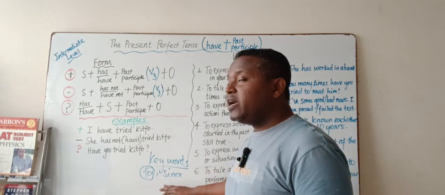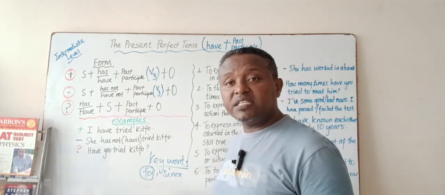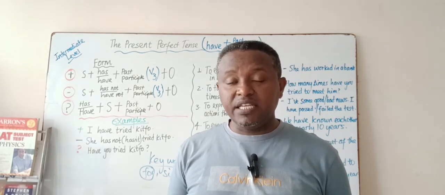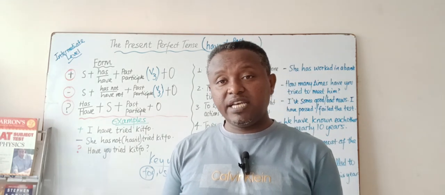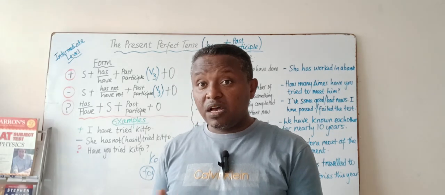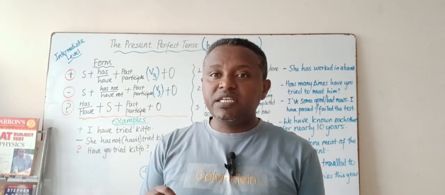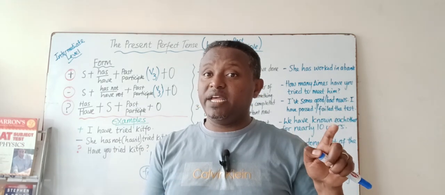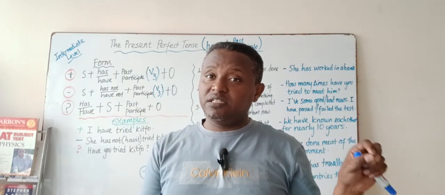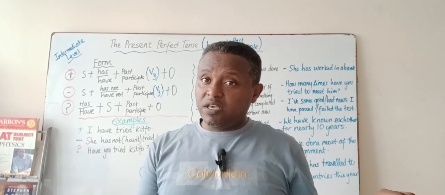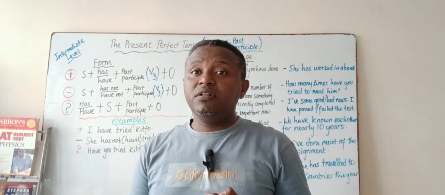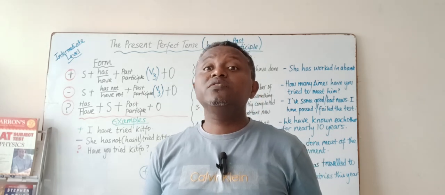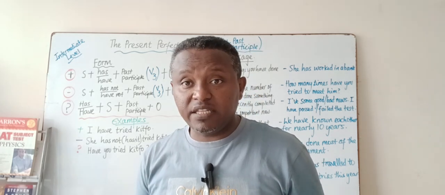So for and since are key phrases in the present perfect tense. They tell us about the duration of time, how long, and since tells us starting from when. For example, I have taught English since 2005, for the last nearly 20 years or 19 years.